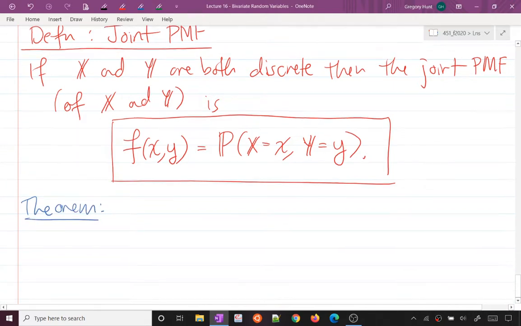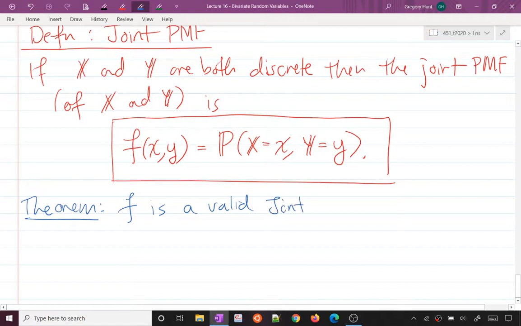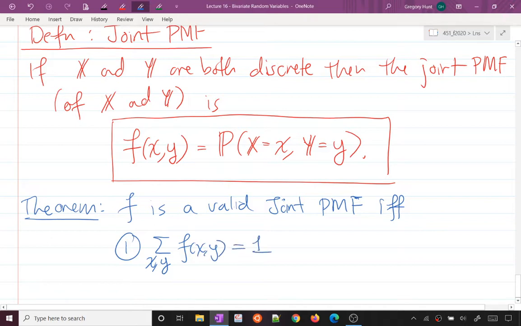We can come up with some theorems. Let's say f is a valid joint PMF if and only if the following are true. If f is a valid PMF, this will be true, and if this is true, it's going to be a valid PMF. Those are our two facts. They're generalizations. First, if I sum over both x and y of f of x, y, I get 1.